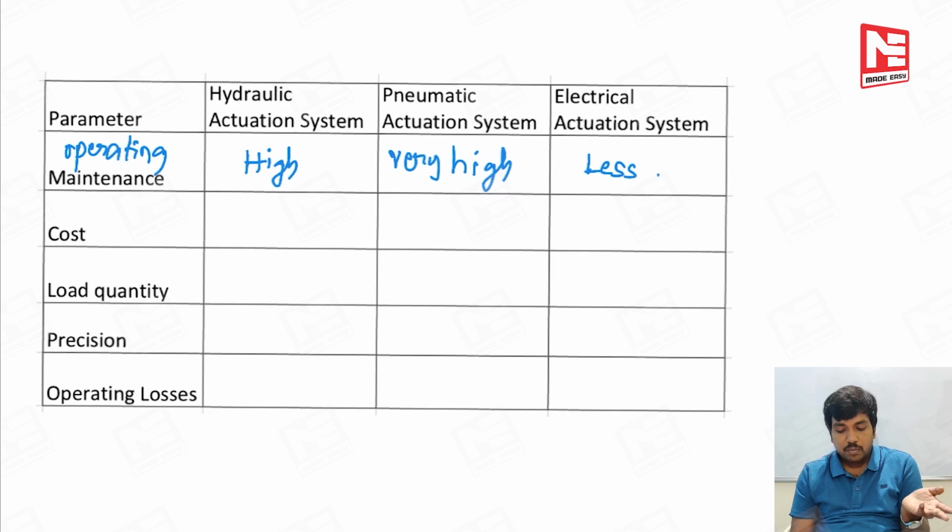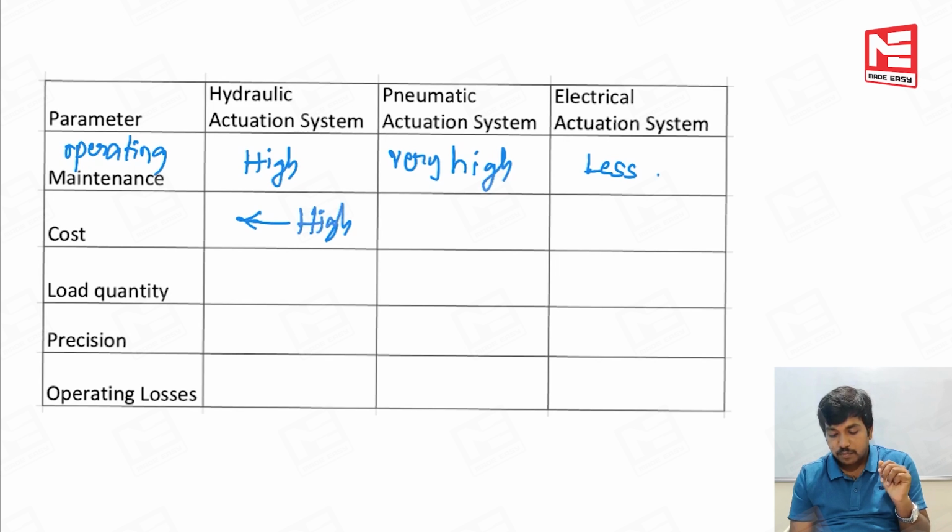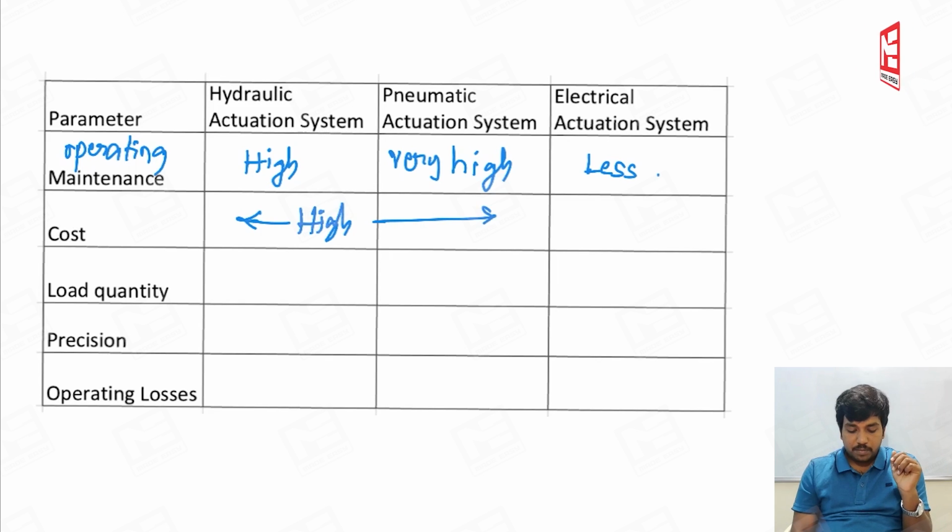Sometimes it takes more amount for the pneumatic actuation system, sometimes it takes more amount for the hydraulic actuation system. But what we can do is compare the installing cost as well as operating cost together with the electrical actuation system, that is here less. Clear? Compared to this hydraulic and pneumatic actuation system.